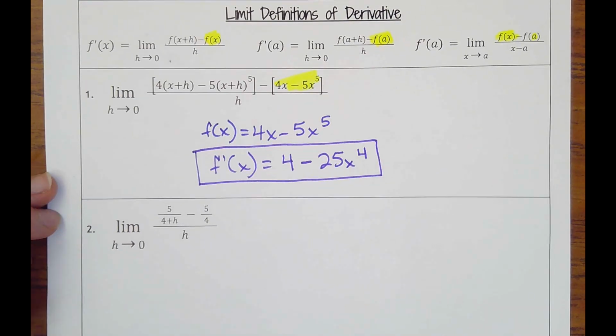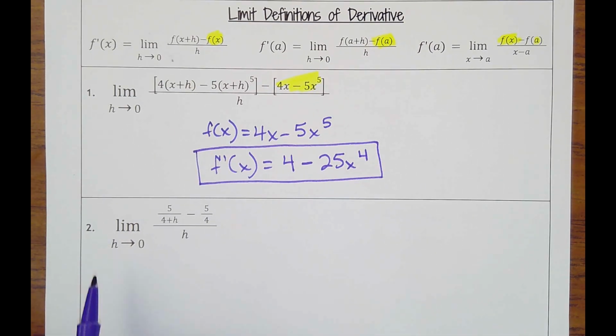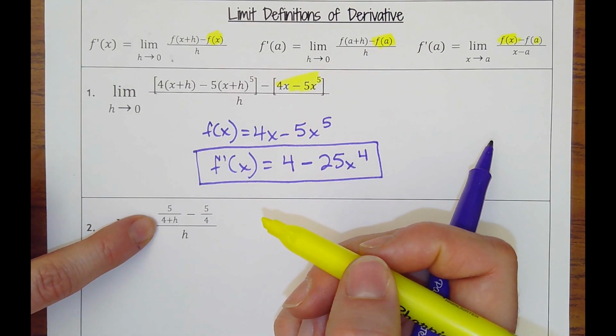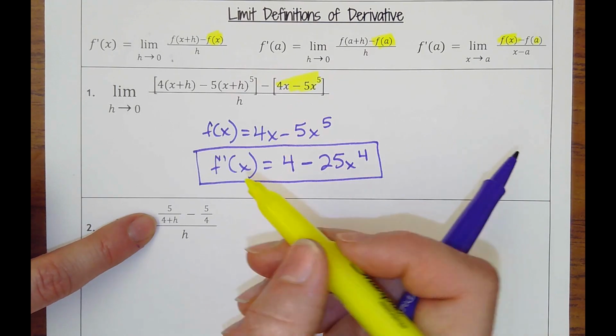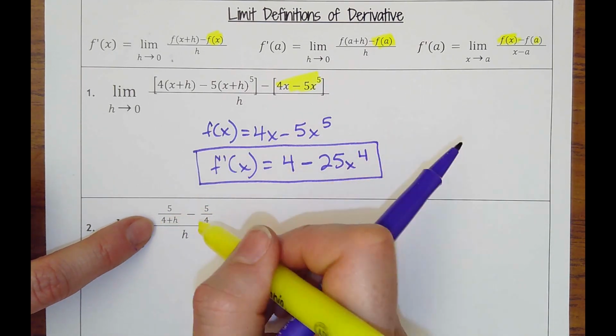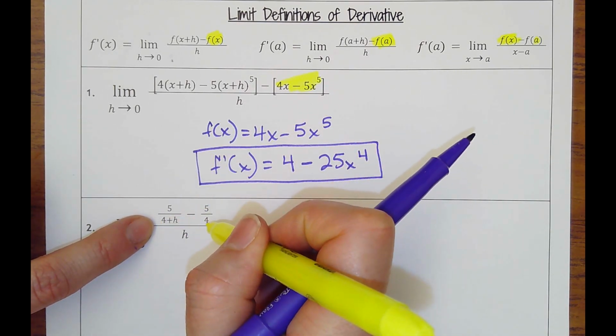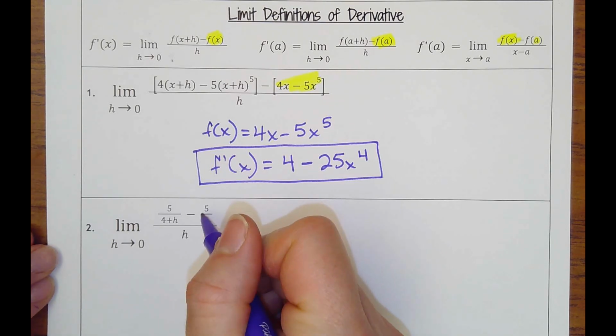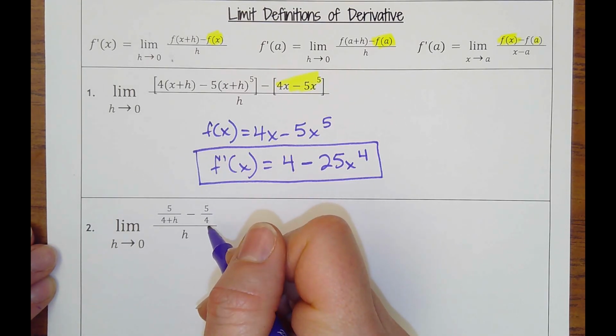All right, number two, again, I see as h goes to 0, but I don't see x in there. I see a 4. So this is 5 over, it would have been x plus h. 5 over 4 plus h. So my actual f of x function would have been 5 over x.